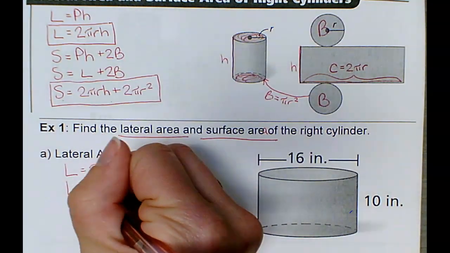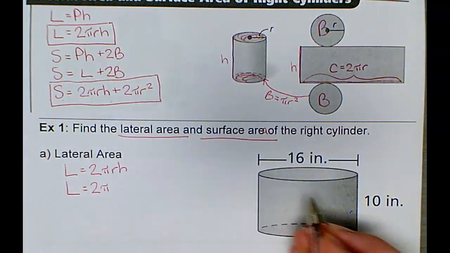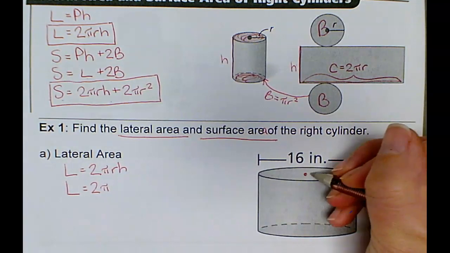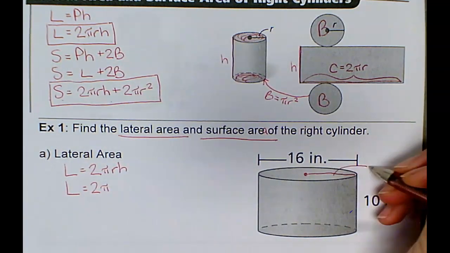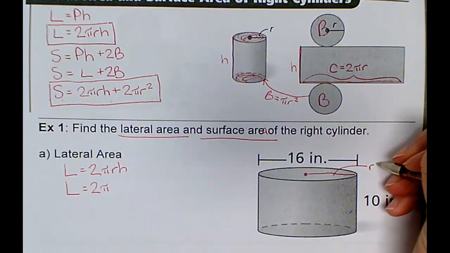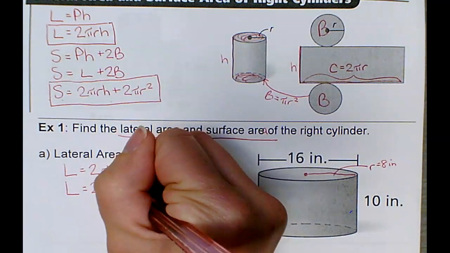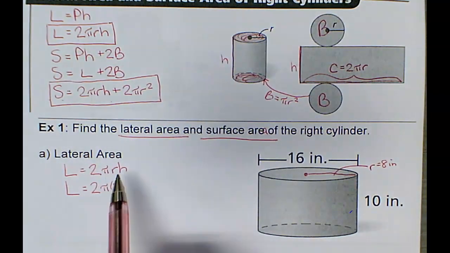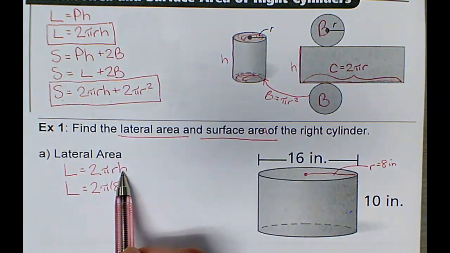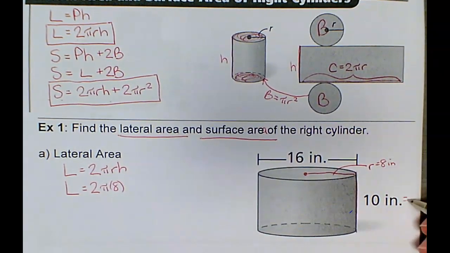2 is a coefficient. Pi is a coefficient. The radius here is half the distance all the way across. So if all the way across the distance is 16 inches, then the radius would be half of that, 8 inches. And then finally, we want to multiply by the height of the cylinder, which is this distance right here, and that's 10 inches.